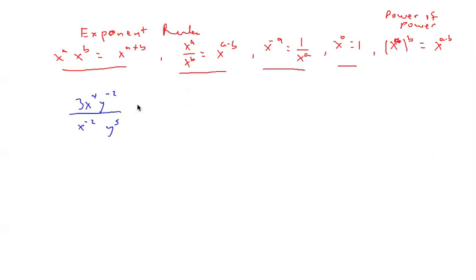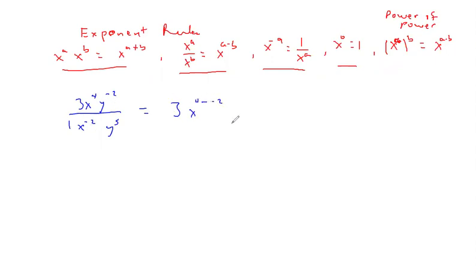And let's look at this problem right here, and we'll simply use these first two rules right here. So we have 3. There's 3 over 1. There could be a hidden 1 there if you wish. X to the fourth. This is a division rule.